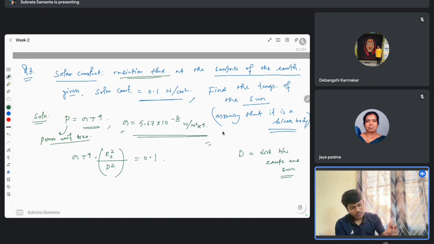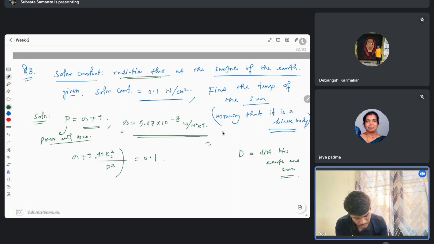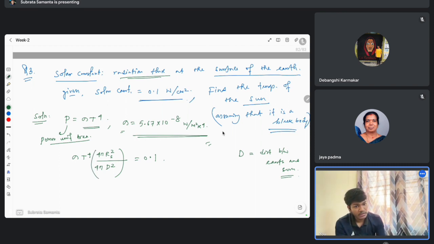So 4 pi R square by 4 pi d square. This is the fraction at the surface of the earth, and this equals 0.1.